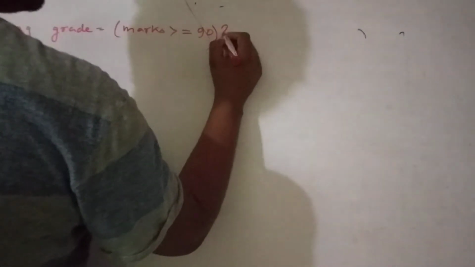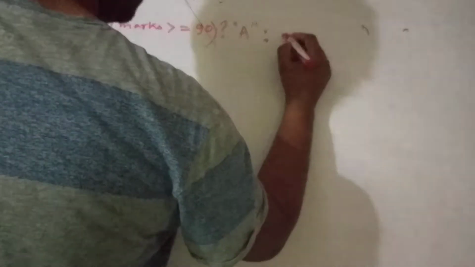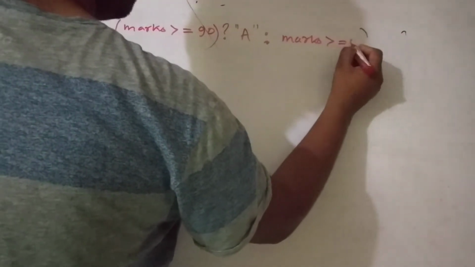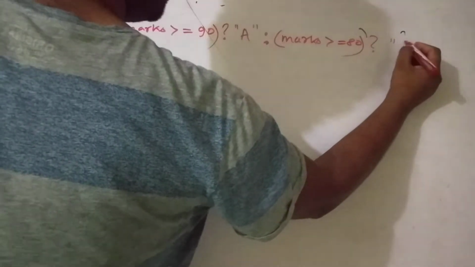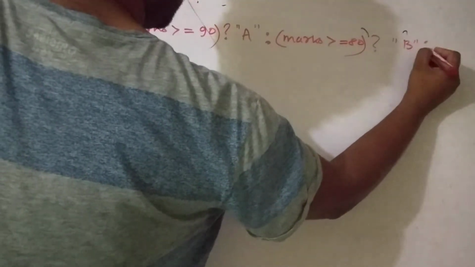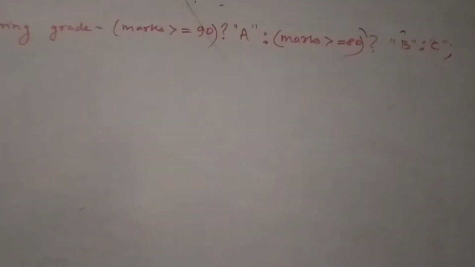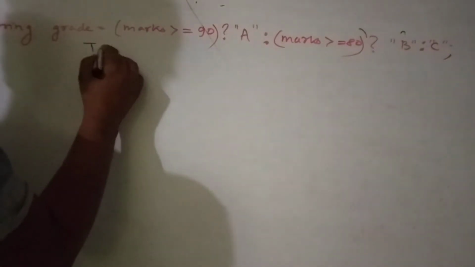Then here, question mark, grade is A, colon, if here marks is greater than or equal to 80, question mark, your grade is B, else your grade is C. Clear? Okay. So this is given in ternary.